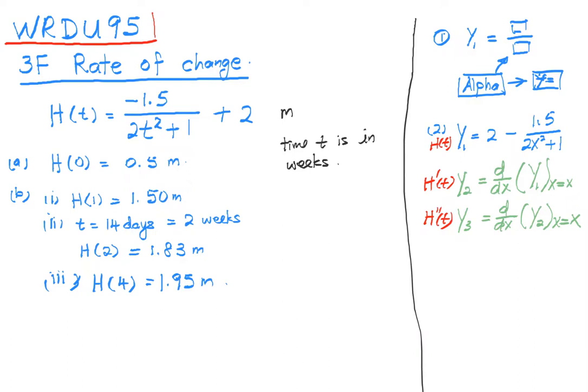Okay, now part C. They say, as time passes. When you see this phrase, just now when I went around, I saw some of you know what to do with it.